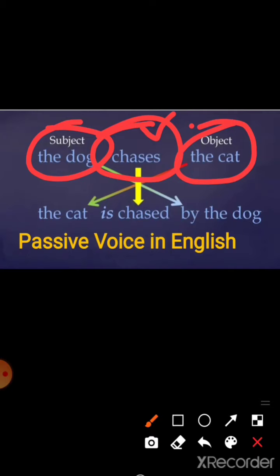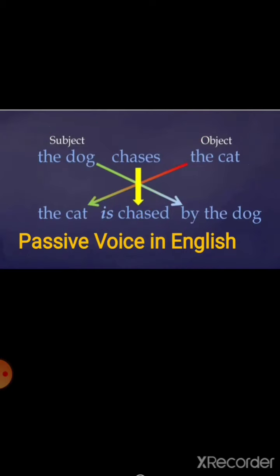The dog chases the cat. Here in this sentence, you know that the subject will come to the object's place and the object will come to the subject place, and the verb will remain the same. Only some changes will be there. Okay, that you have to remember.